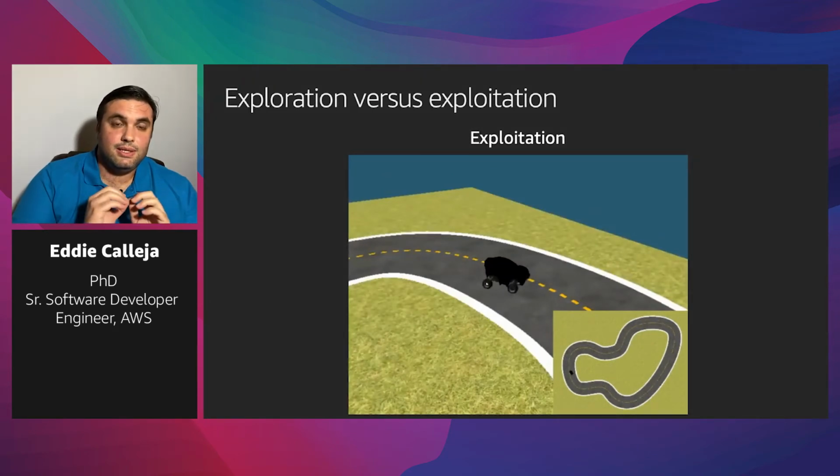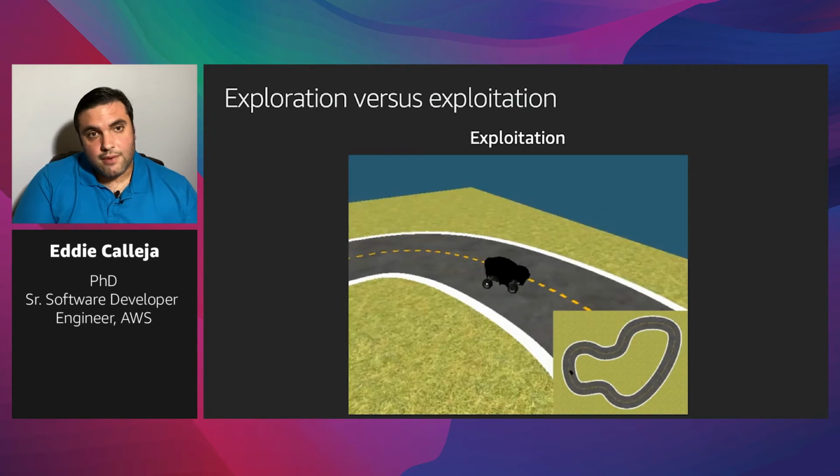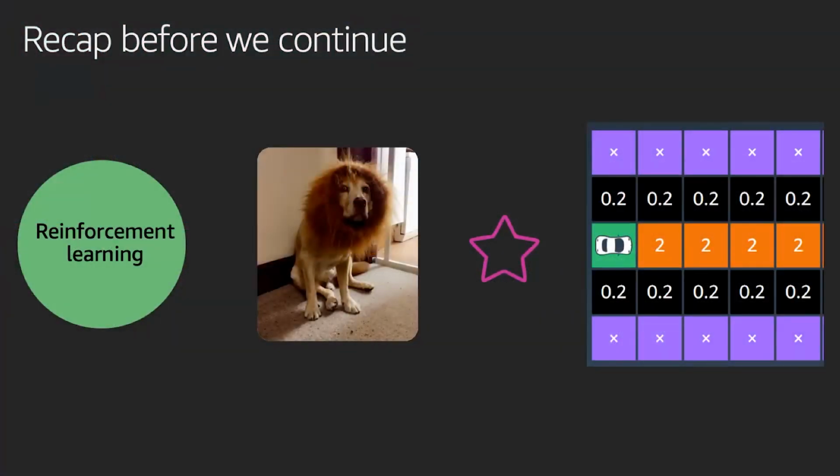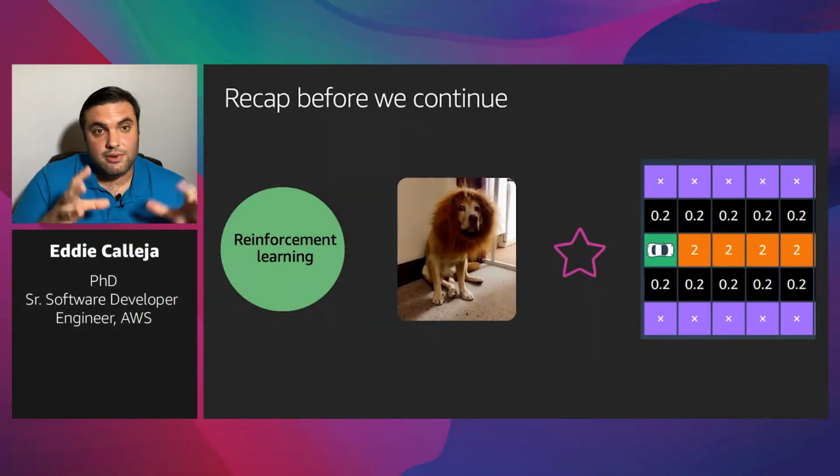And really, this is one of the critical problems in reinforcement learning. You have to craft your reward function so that you incentivize the behavior you want, and you have to have the right amount of exploration and exploitation. So, a recap of this simple example: we took a grid world. We wrote out a reward function, which we could write because the grid world is very tiny.